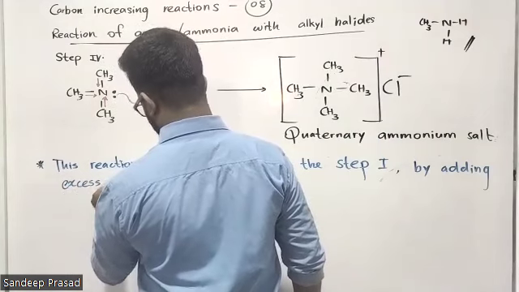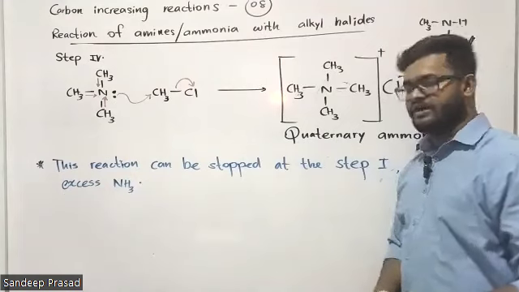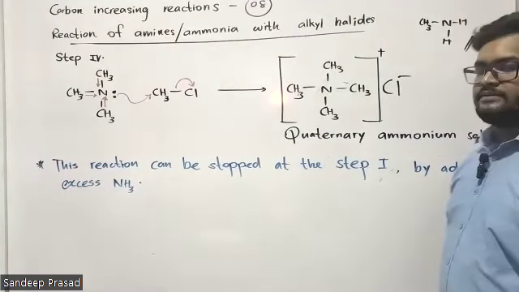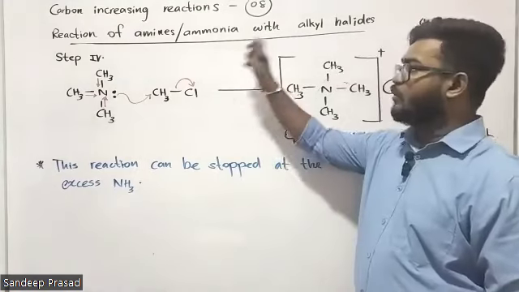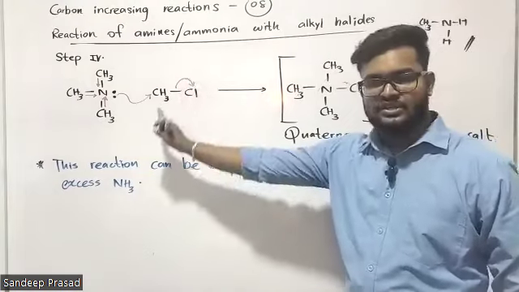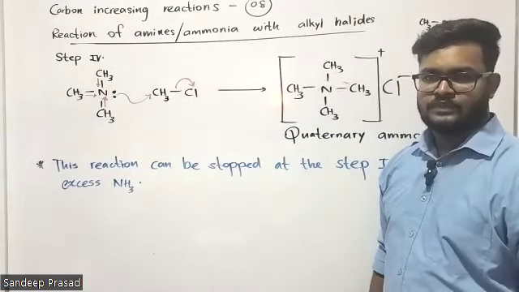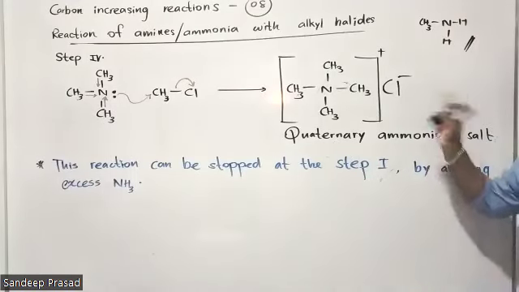Not only this reaction, but also the other reactions we are doing with these kinds of alkyl halides. Not excess alkyl halide, but excess ammonia and excess amines can be added to stop the reaction at the first step. Otherwise, the reaction will go to the quaternary ammonium salt like this.